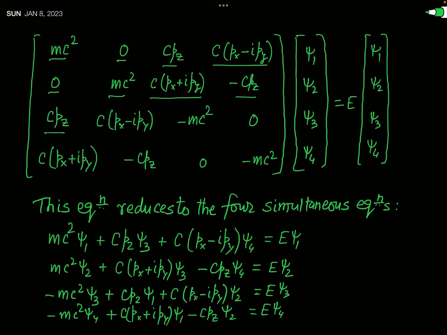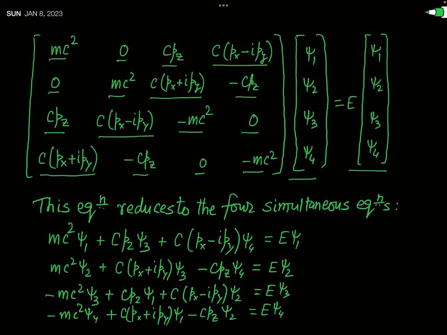Then cpz, cpx minus ipy, minus mc square, 0. And cpx plus ipy, minus cpz, 0, minus mc square. This matrix is operated on the column matrix psi 1, psi 2, psi 3 and psi 4, and the result is E times the column matrix psi 1, psi 2, psi 3, psi 4.